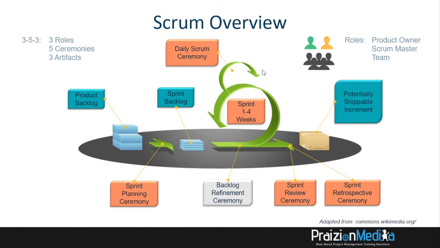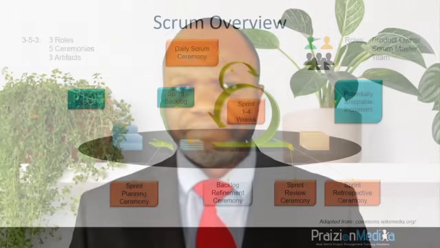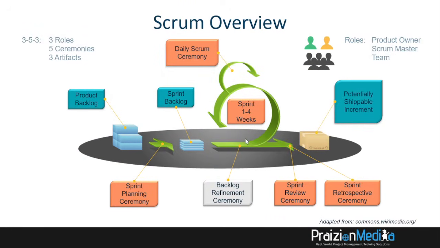There are 3 roles, there are 5 ceremonies, with one unofficial ceremony, or we now call them events. And lastly, there are 3 artifacts: the roles, product owner, scrum master, and team; the events, the sprint planning, the daily scrum, sprint review, and the sprint retrospective; and the artifacts, the product backlog, the sprint backlog, and the increment.